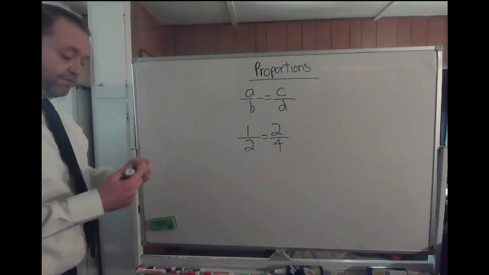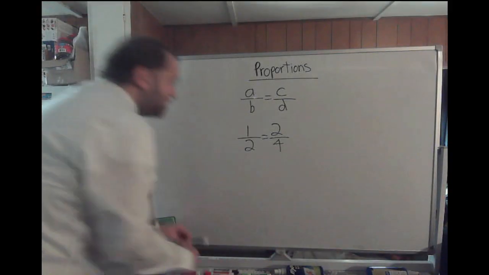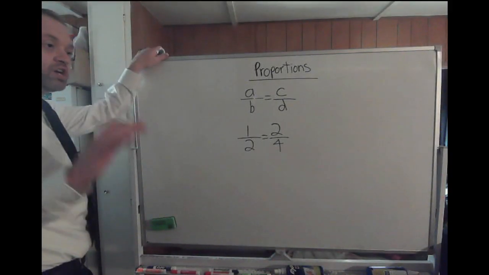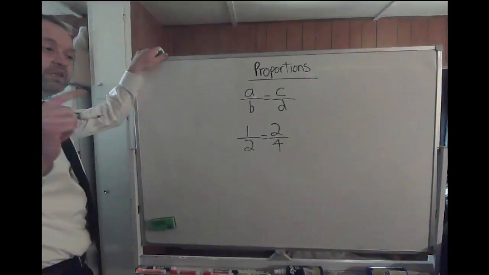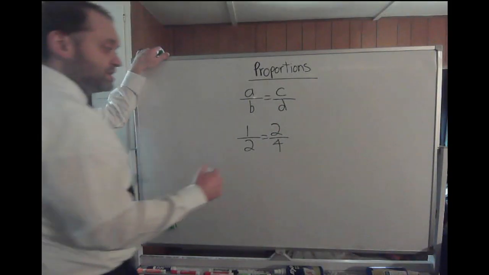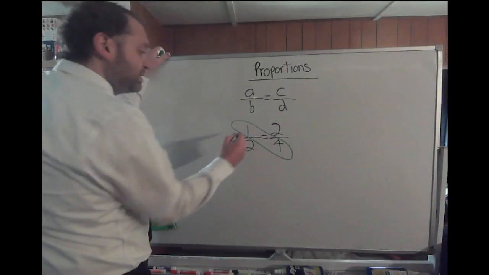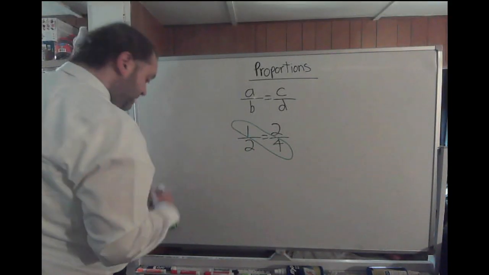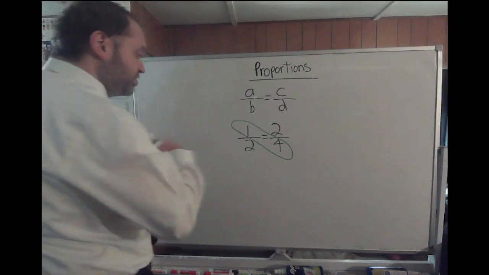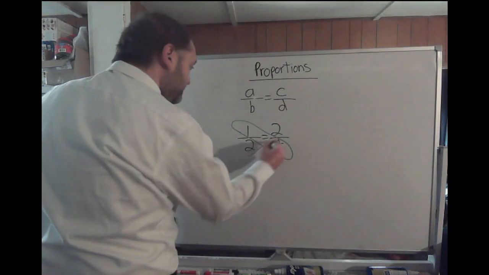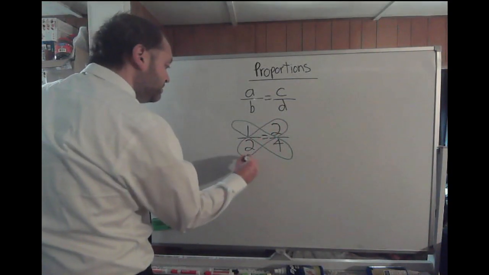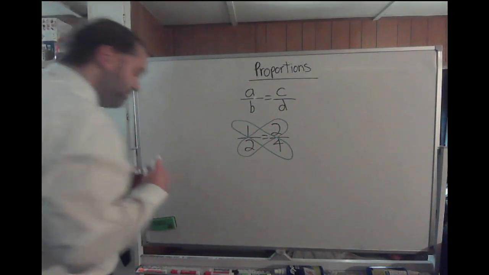How you can check for that is you can multiply what's called the means and set it equal to the product of the extremes. So the 1 and 4 here are going to be your means. You take the product of the means, set that equal to the product of the extremes, which would be the 2 and 2. Those would be your extremes.